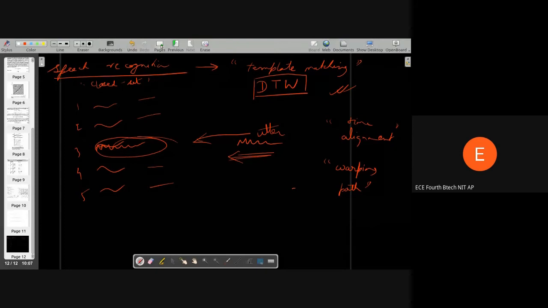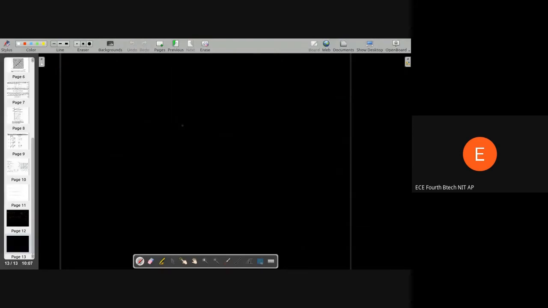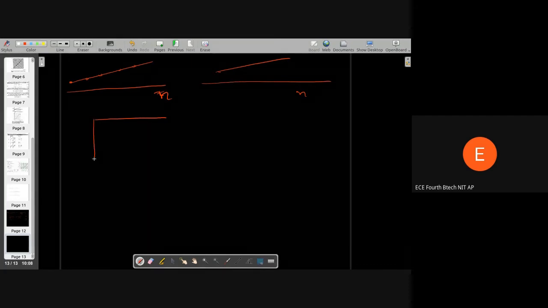We took a simple example of, let's say, two signals like this: 1, 2, 3, 4, 5. These are the values it has. This is some time, 1, 2, 3, 4, 5, or let's say n discrete time. Again the same 1, 2, 3, 4, 5, and we built a matrix like this.